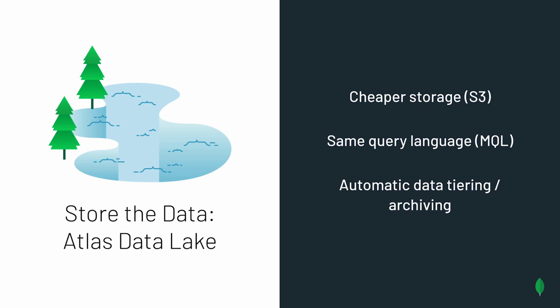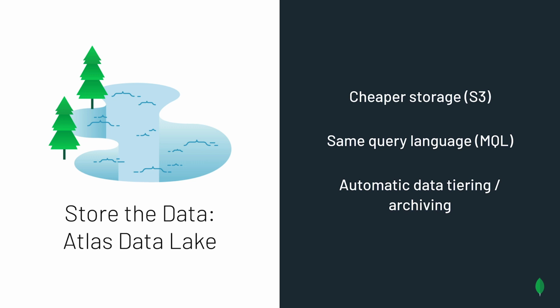These can be queried using the same query language used with any MongoDB database, the MongoDB query language, MQL. These queries can be performed using the Mongo shell, MongoDB Compass, or any MongoDB driver. The queries don't trigger any data movement or transformation of the data. The queries are performed against the data sitting on S3.